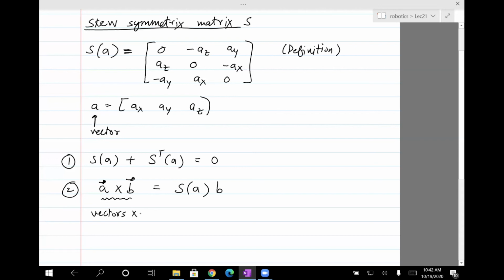One vector times another vector. Here you have a matrix which is then multiplied with a vector. The claim here is that if you do this in this fashion, A cross B, then you will end up doing a matrix multiplication of the vector, which is actually a nice thing because most of the things we do in this course, in 3D especially, are about cross products, but we are allowed to replace a cross product with a matrix.